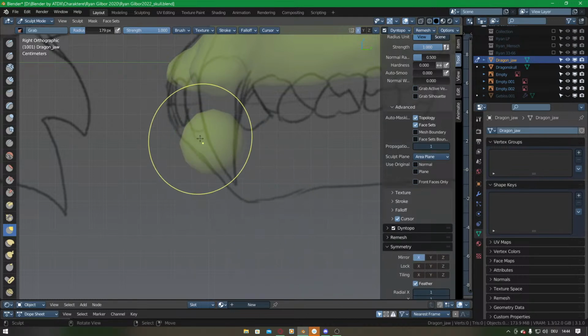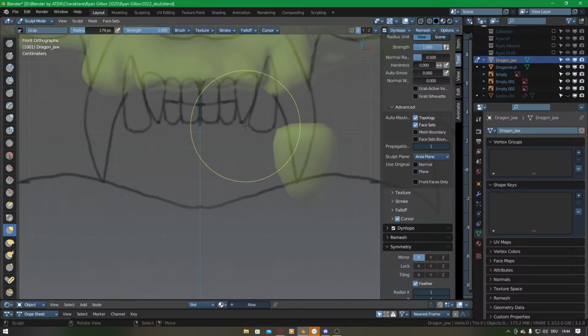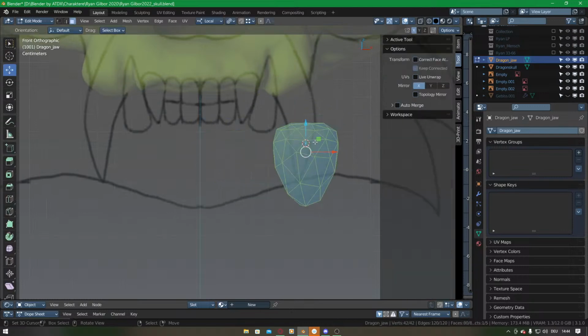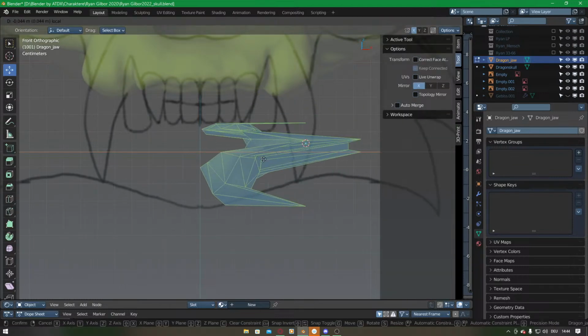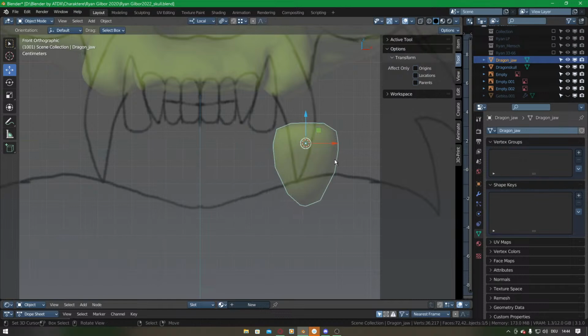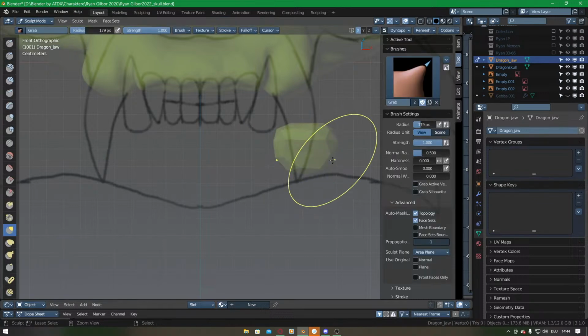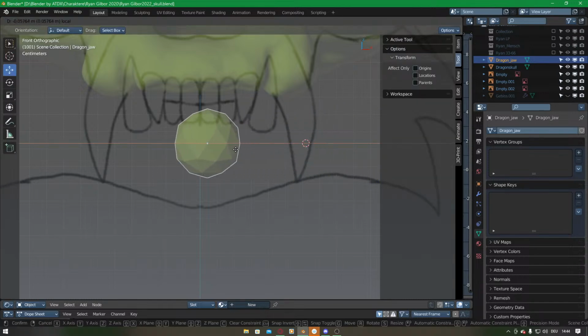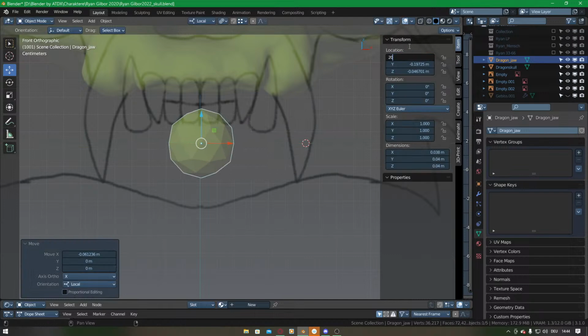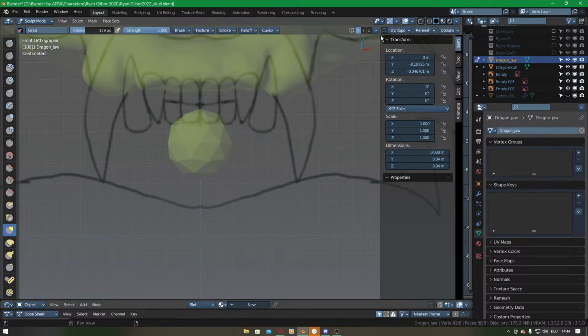Bruh, again the mirroring, that's not allowed. Ah, I see. Bruh. Okay, let's try that again. There we go.